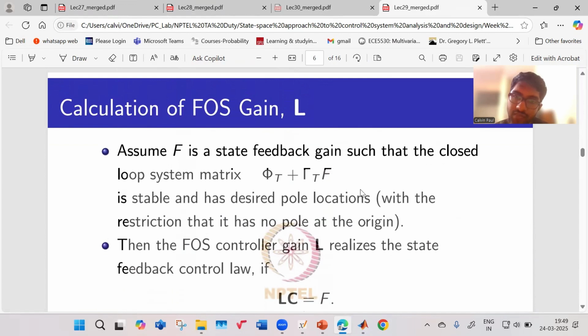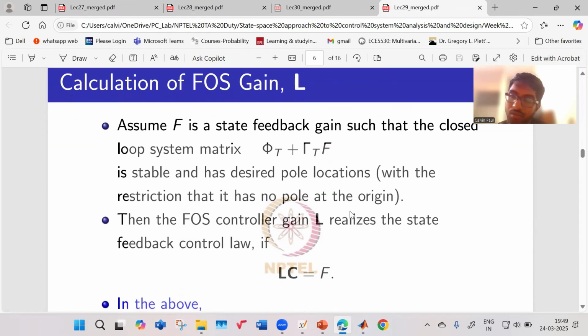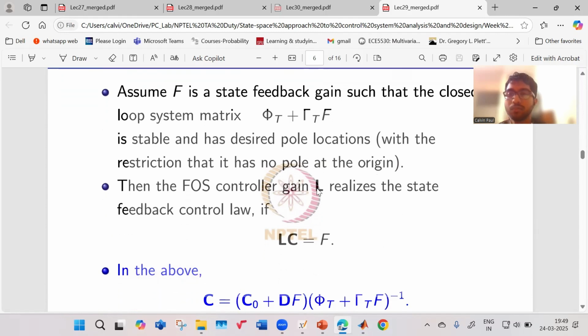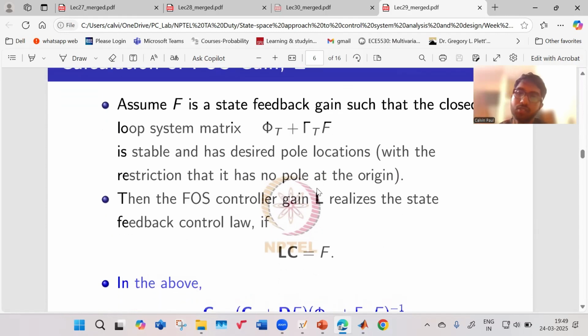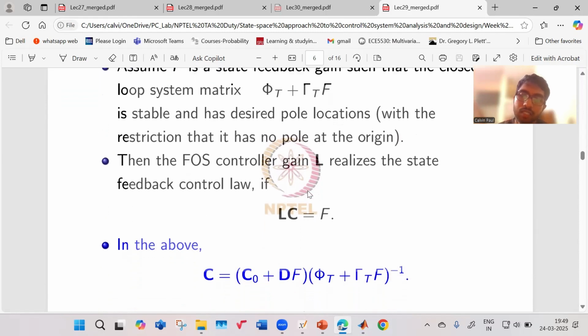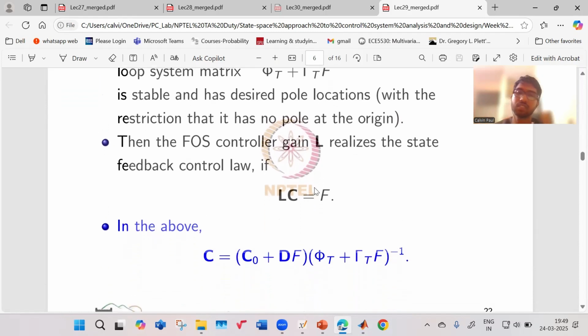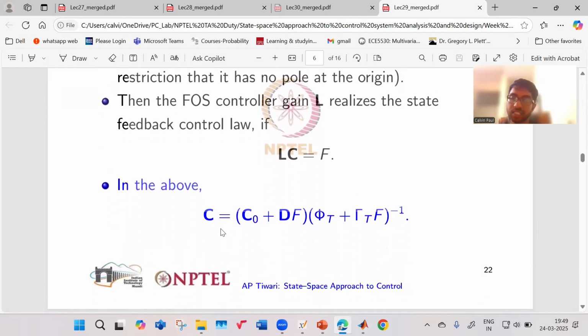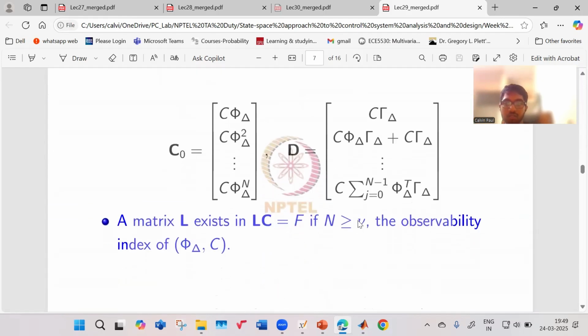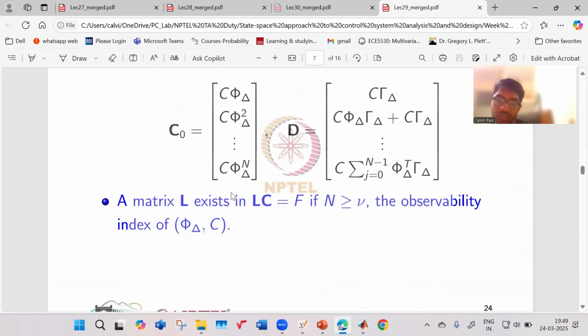So we first find out what state feedback gives, so that the closed loop system is stable. But then there should be no pole at the origin. That has to be made sure. You have to select such an F. Okay, there is an L, the state feedback, and the execute where C is given by this expression. And this is the expression for C naught.